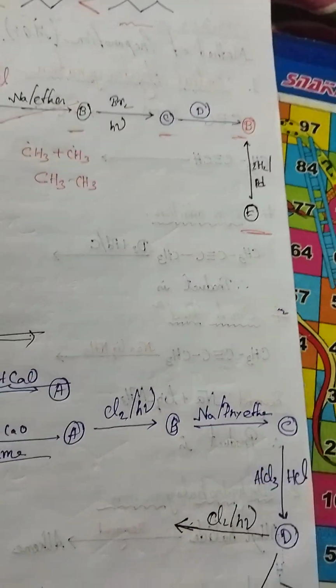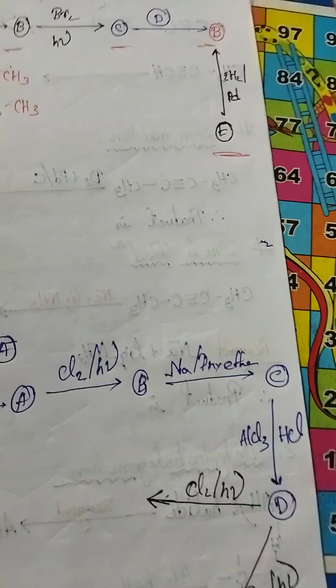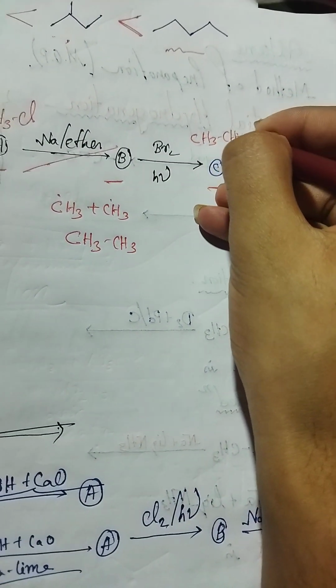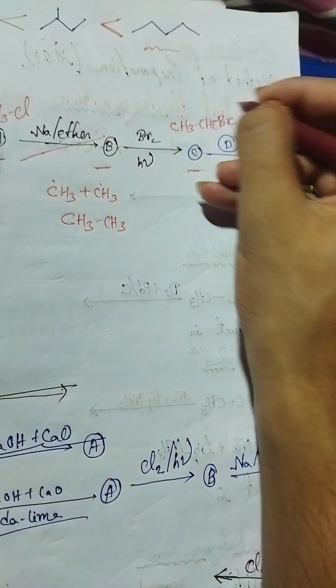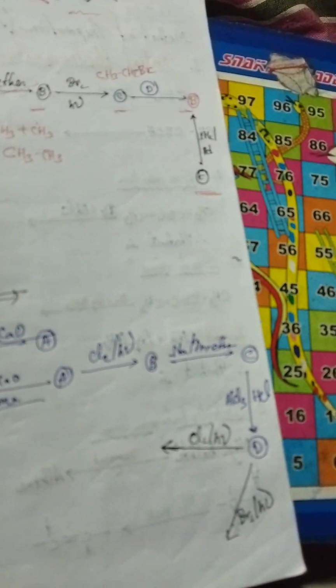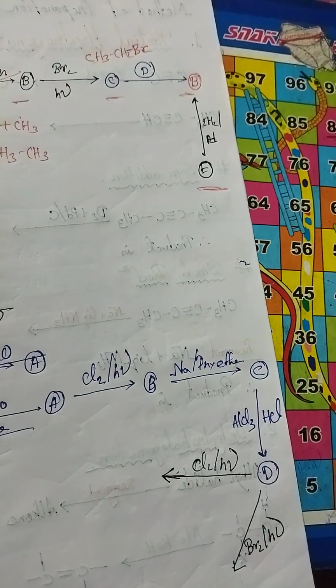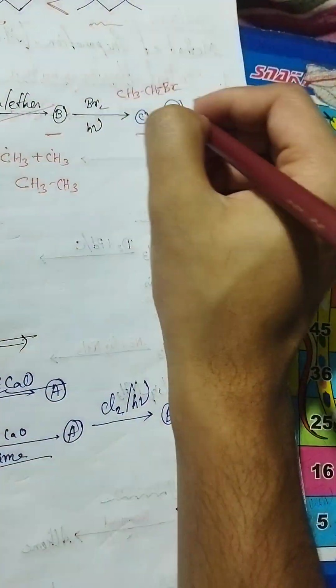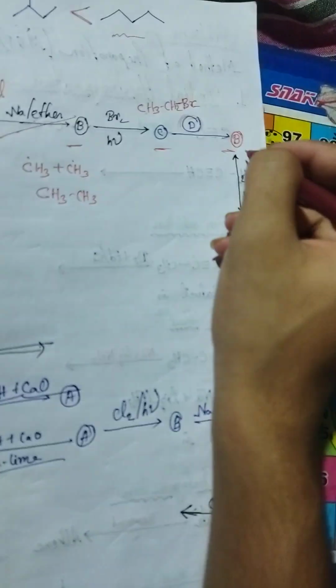And now what is C? C is CH3CH2Br. And now what is D? What is the reagent D?